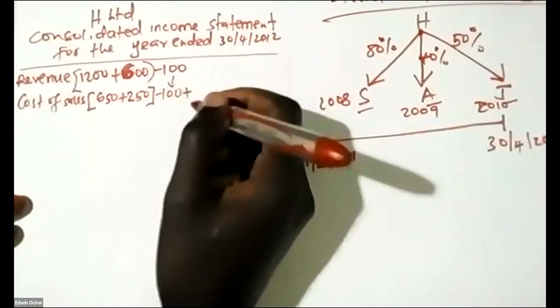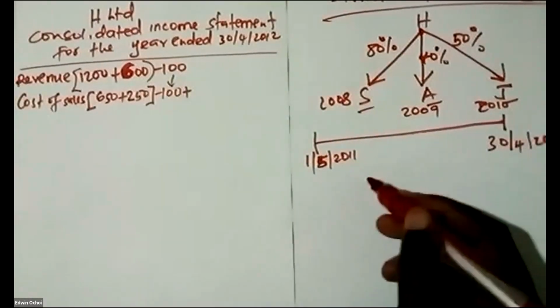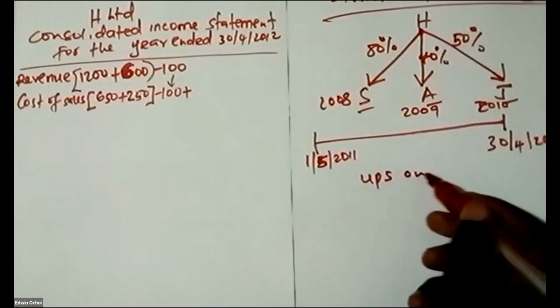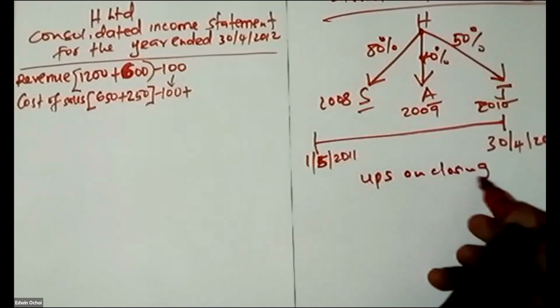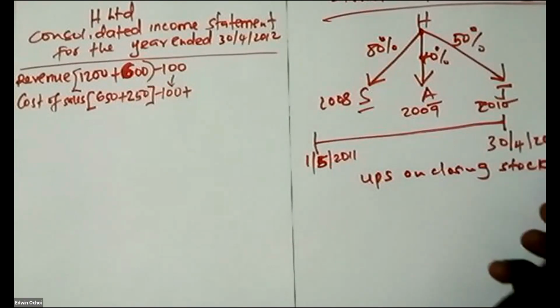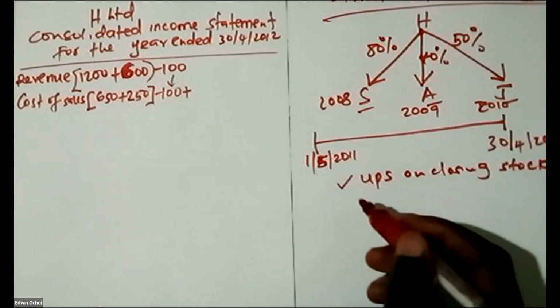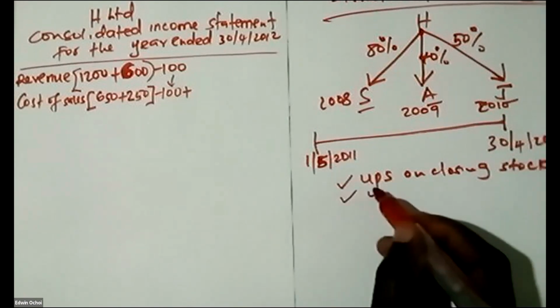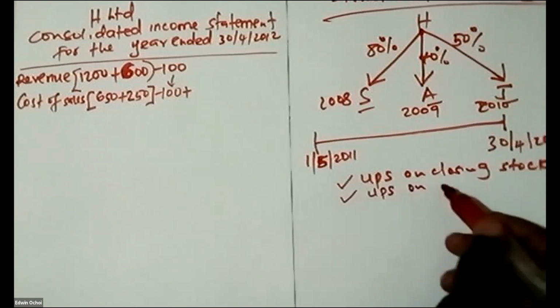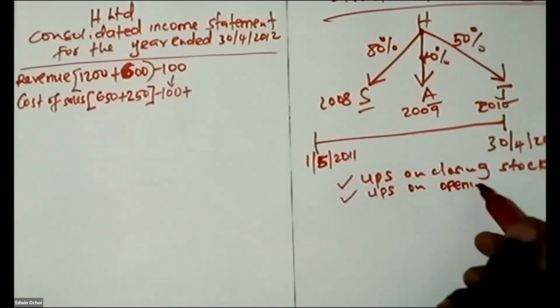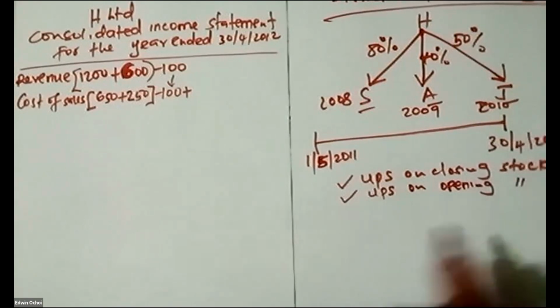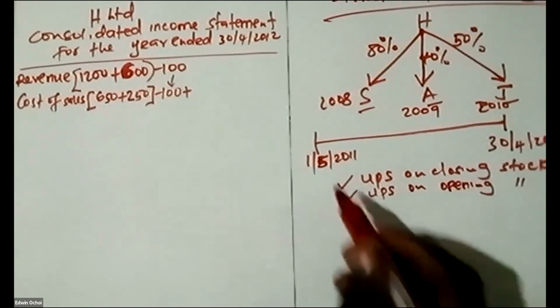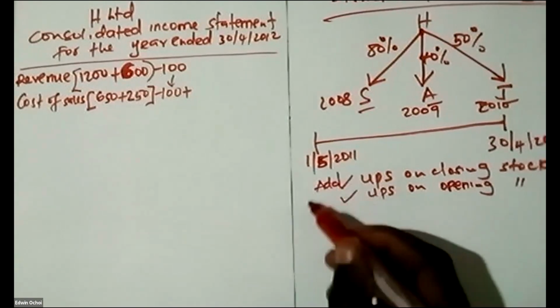You add UPS on closing stock. Then UPS on opening stock, you subtract. So this one is added, and this one you subtract.